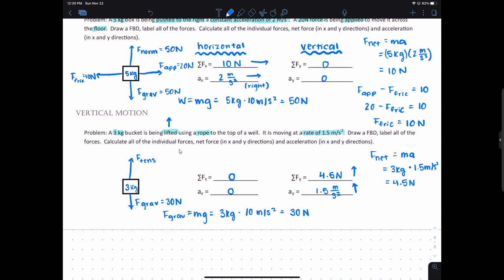So force of tension minus the force of gravity is going to have to equal that 4.5 newtons. We know that the force of gravity is equal to 30 newtons. So from that, we can calculate that the force of tension is 34.5 newtons.